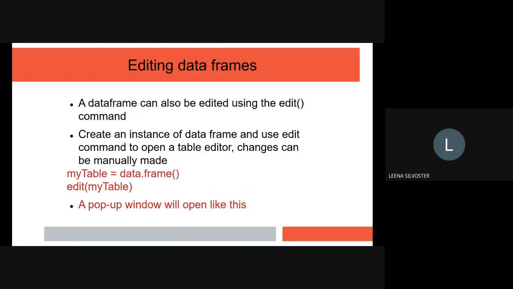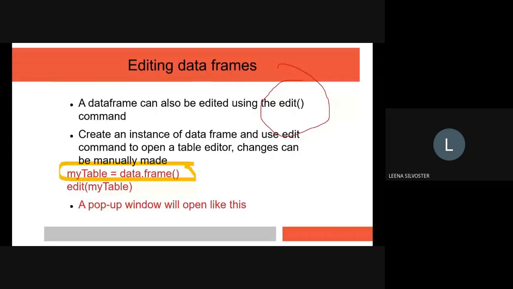Another way of editing a data frame is to use the edit command. Create an instance of a data frame and use the edit command to open a table editor. So use my table equal to data.frame, then issue the command edit(my table).